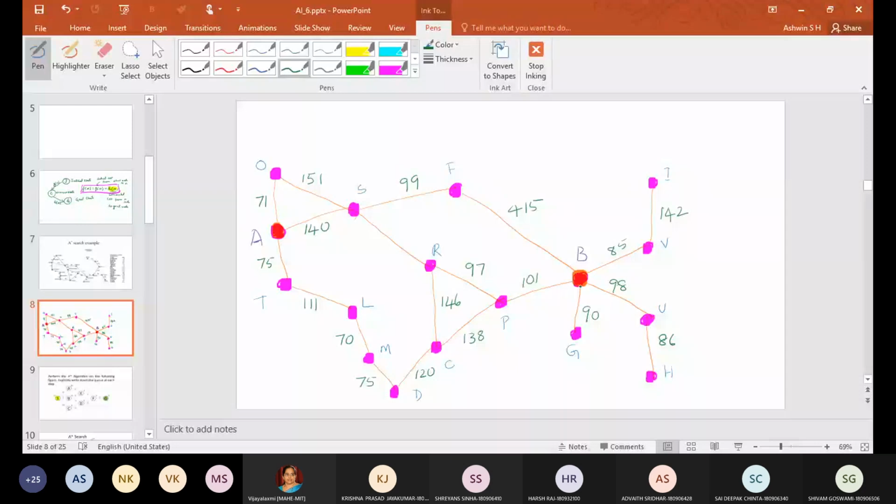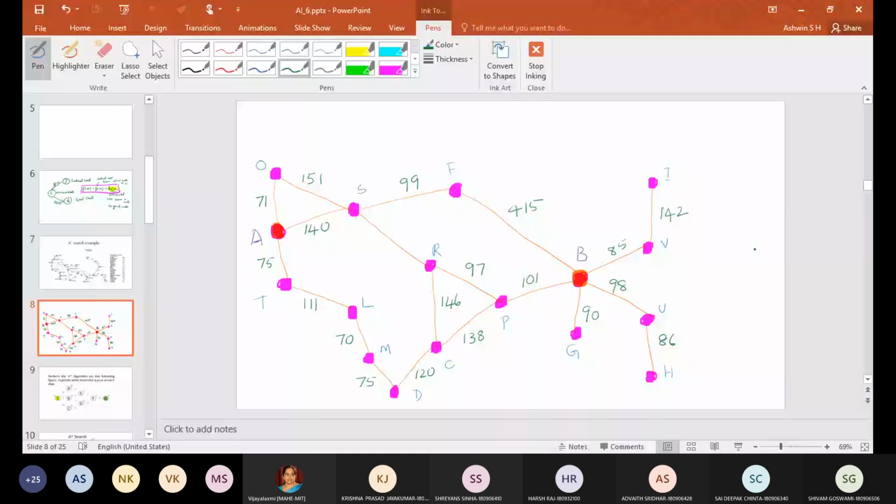So this is the actual diagram of a city connecting different cities. All the actual distances are given: 40, 70, 120, 27, 7, 99, 415, 28, 85, 86.